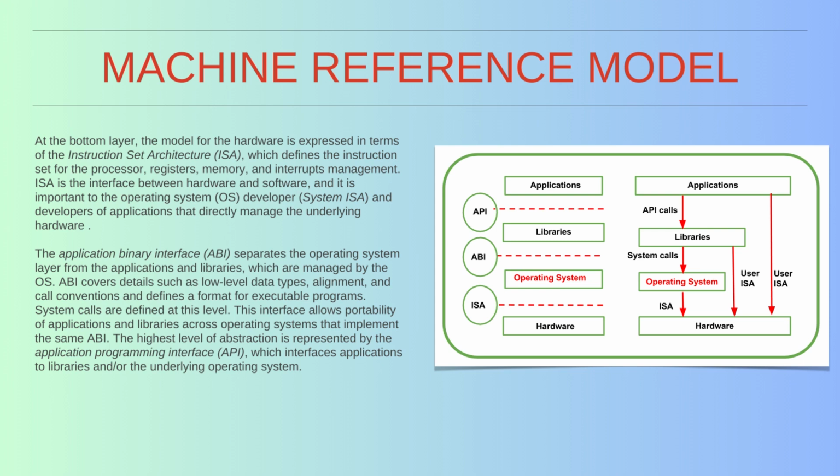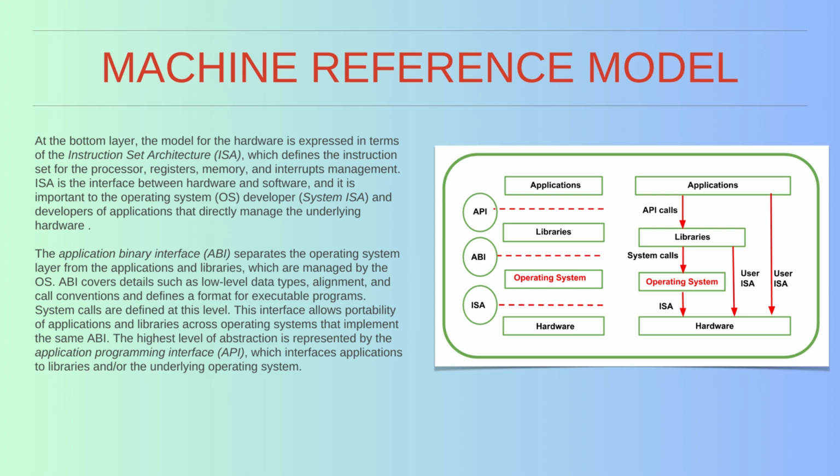ABI covers details such as low-level data types, alignment, and call conventions, and defines a format for executable programs. System calls are defined at this level. The interface allows portability of applications and libraries across operating systems that implement the same ABI.